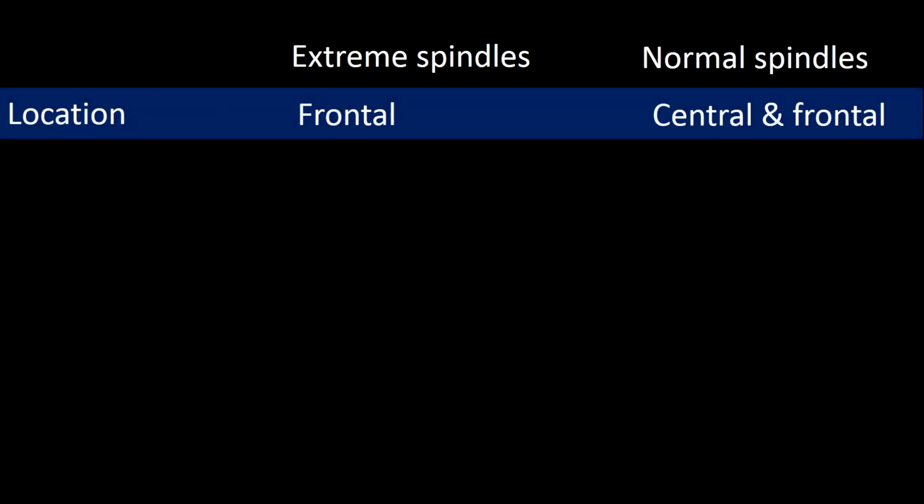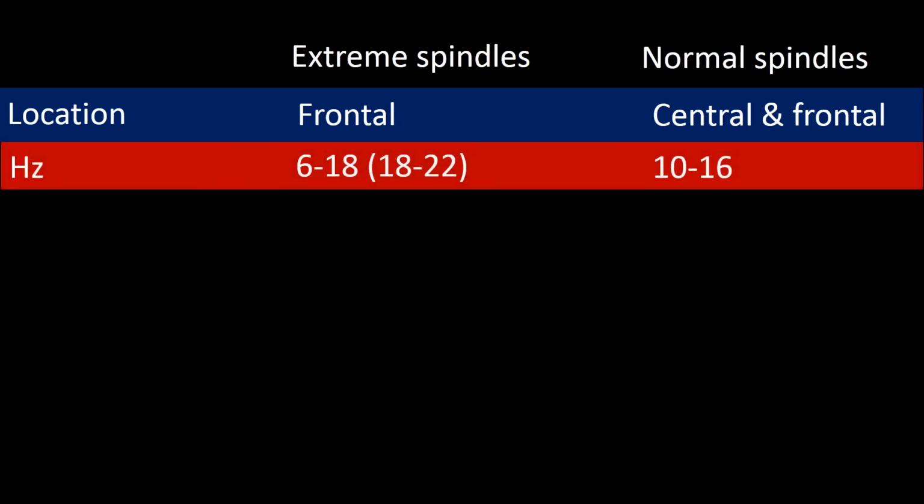Extreme spindles are frontal, whereas normal sleep spindles are central and frontal. The frequency of extreme spindles has a wider range and is usually faster than that of normal spindles.